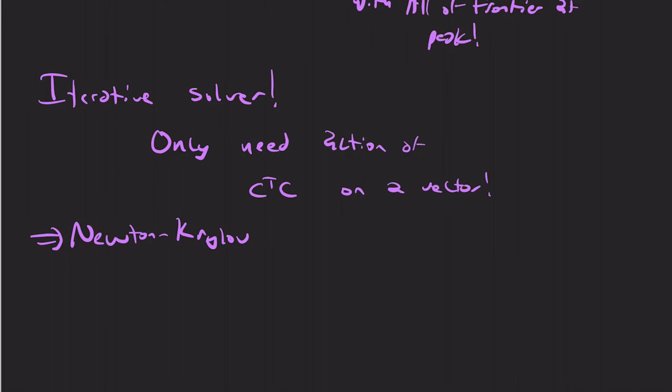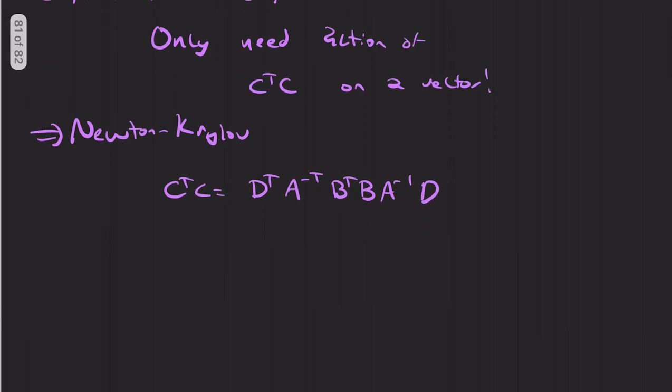So think about what this is. C transpose C is D transpose, A inverse transpose, B transpose B, A inverse D. So let's assume that D, B transpose B, and D transpose are cheap in our context compared to the PDE solve.